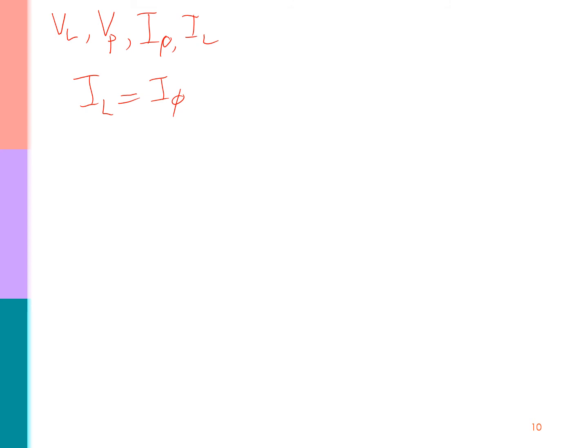We still use a single subscript for line currents because it is natural and conventional to assume that line currents flow from the source to the load. So previously we used the subscripts IA, IB, and IC.